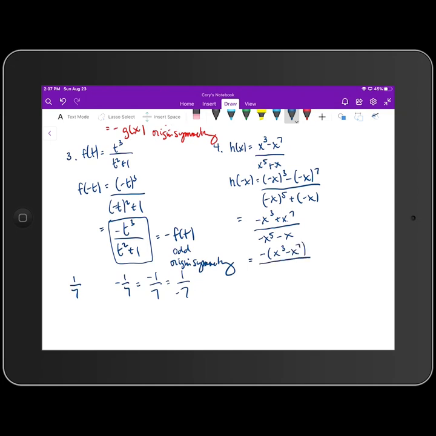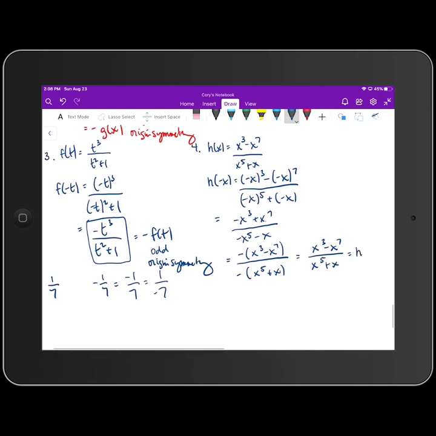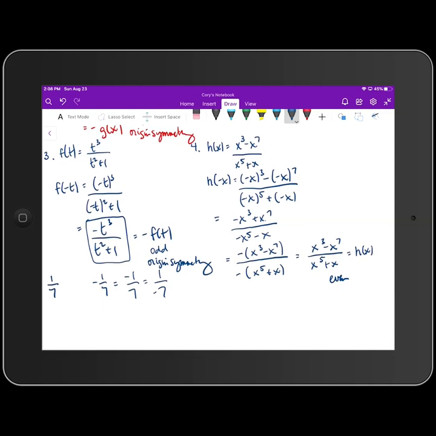And if I factor a negative 1 out of the denominator, we get the opposite of x to the 5th power plus x. Don't those two factors of negative 1 cancel one another out? So this gives us x cubed minus x to the 7th over x to the 5th power plus x. That is the original function we started with, h of x, thereby making this function even and making it have y-axis symmetry.